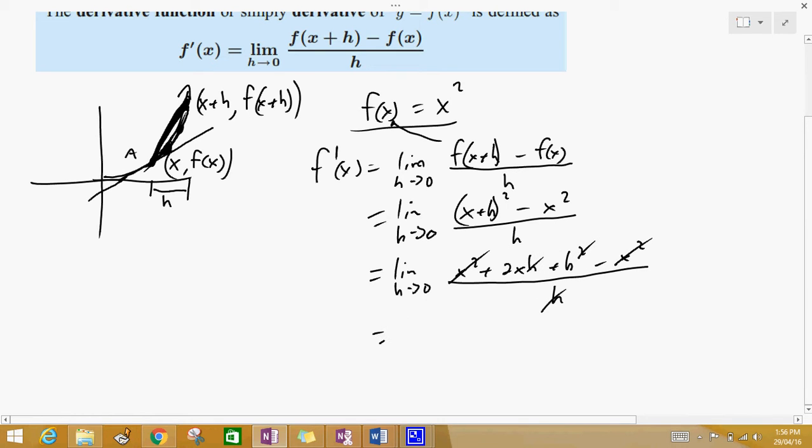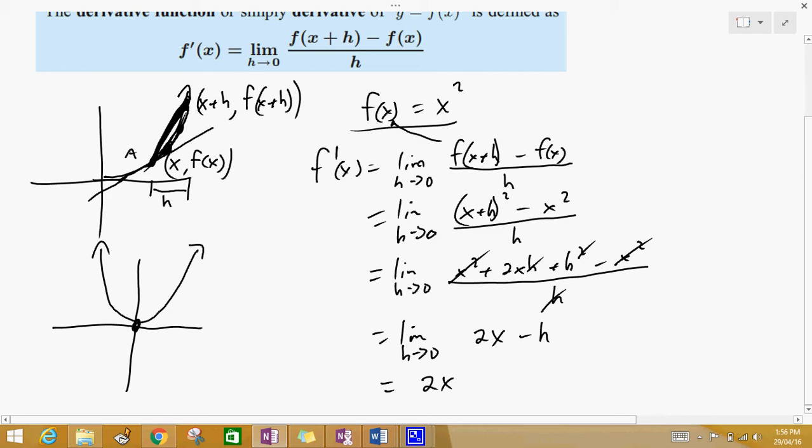What we're left with is the limit as h approaches 0 of 2x plus h. And now our last step is, as h approaches 0, this would be equal to 2x.